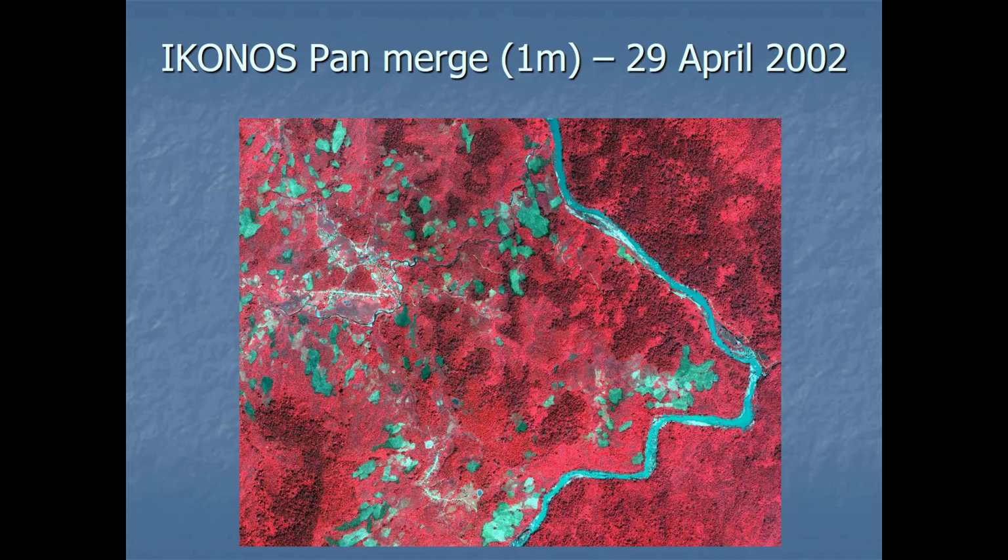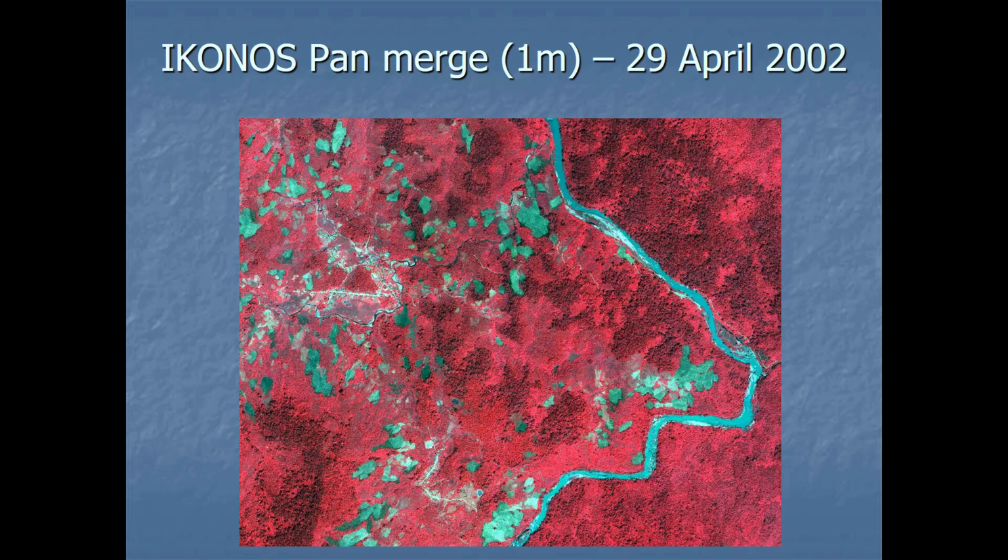This is an IKONOS pan merge, and there is a 1-meter resolution associated with this image that was taken in April 2002. The vegetation appears in red, and you can see particular features such as tree stands, and you can also see geometric features, water bodies, and natural areas.